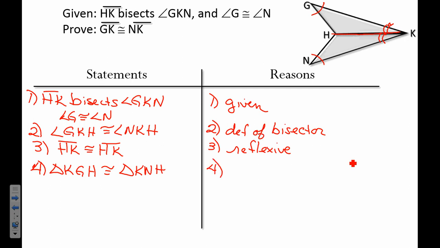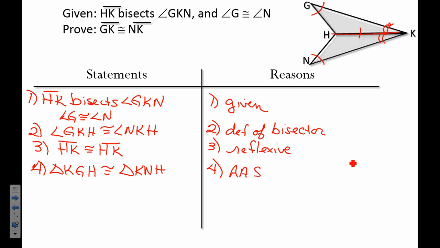What's our reason? We have two angles and a side, so which one is it? Why is it AAS and not ASA? Two angles and the non-included side, right?